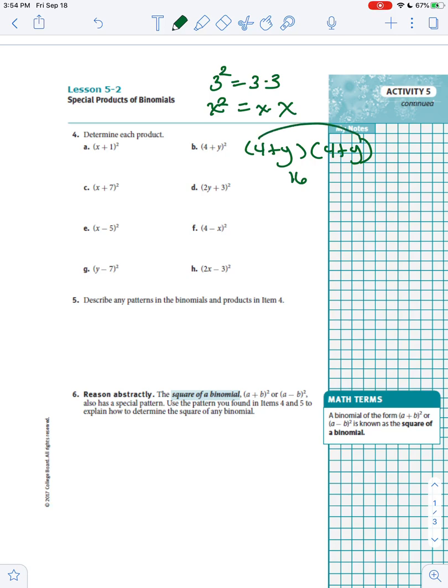And then notice that your outers and your inners are identical. 4y plus 4y, in the middle, you're getting 8y. And then last times the last is y times y, which is y squared. So we've got the first term squared, 4 squared is 16. We got the last term squared, y squared is y squared. But then in the middle, we have an 8y. So where did that come from? Let's think about that.